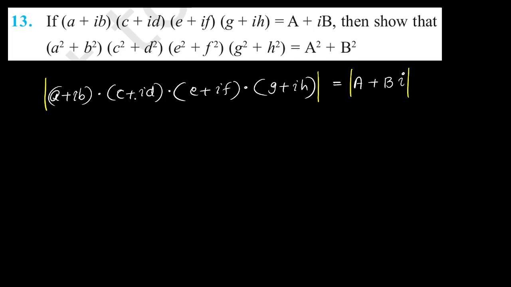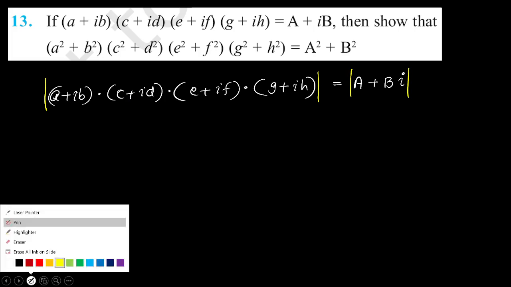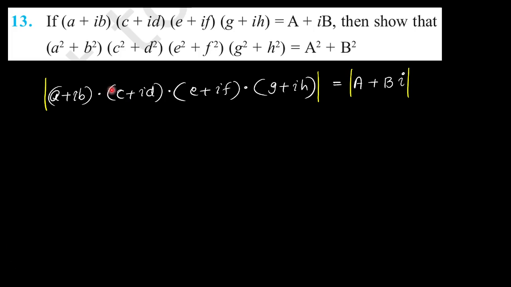So using properties, modulus of z1 into z2 into z3 into z4 is equal to modulus of the first complex number into modulus of the second into modulus of the third into modulus of the fourth.